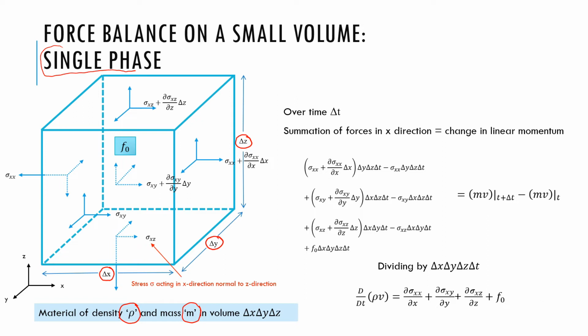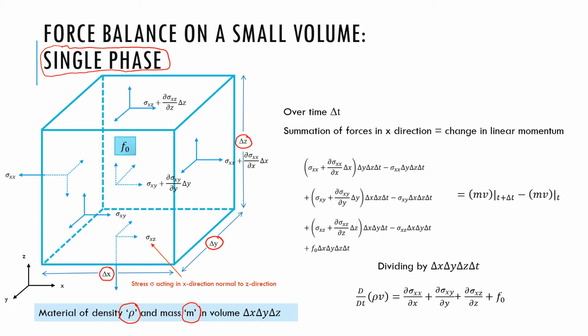So we're not getting into porous media yet. On this cube, the net force acting on the cube is going to lead to a change of momentum. So let's do the detailed derivation.